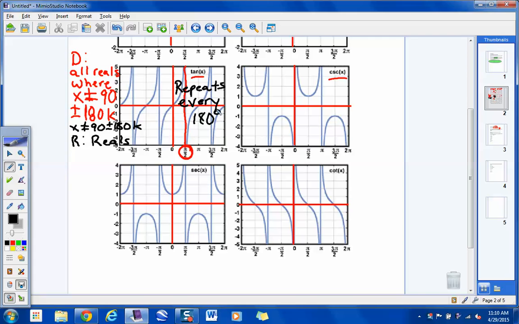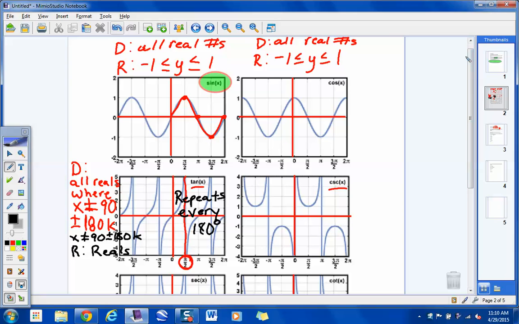Maybe I should back up to the other ones too and talk about how often they repeat. Guys, this is one cycle of the sine function, all the way up, all the way back down. See how the red would basically map over here? If I took this line and moved it over, wouldn't that map to right here? So the pattern gets repeated over and over, and that's just one cycle of it.